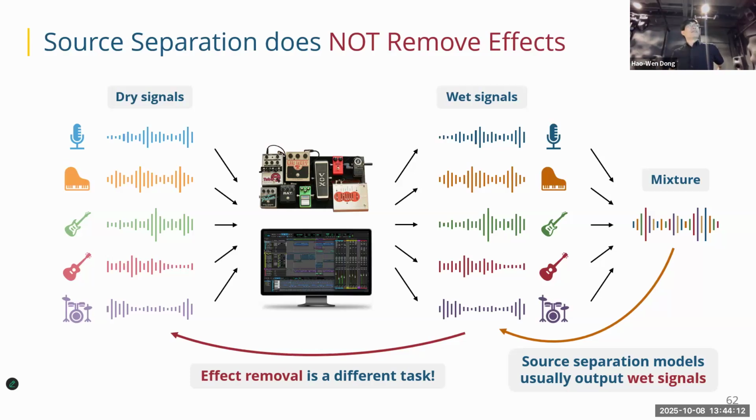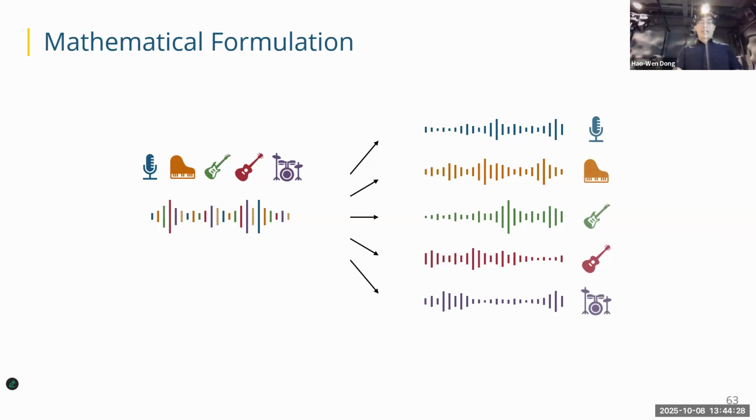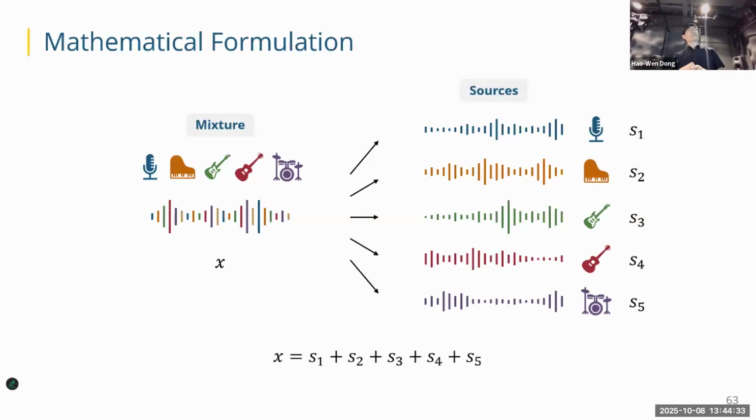But it's a very complicated task because it's kind of ill-defined. Because what do you mean by no effects? Think about electric guitar. It comes with effects almost naturally. But anyway, the mathematical formulation is just an equation of summation, which is kind of boring. But the core of source separation is that we do know some prior knowledge of these sources.